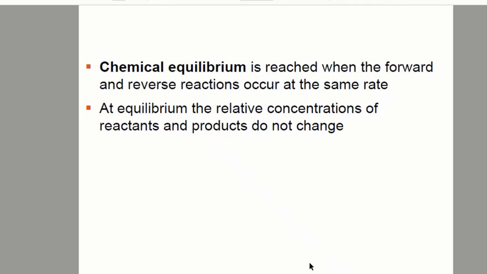So here they are saying chemical equilibrium is reached. Why do they say it's reached, not is?